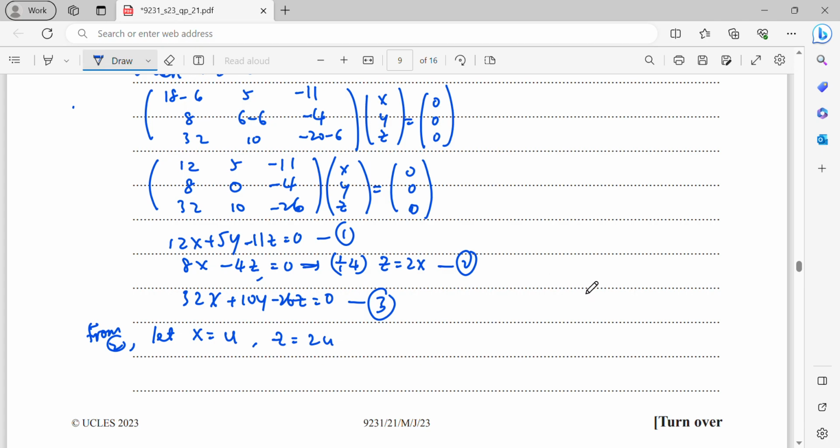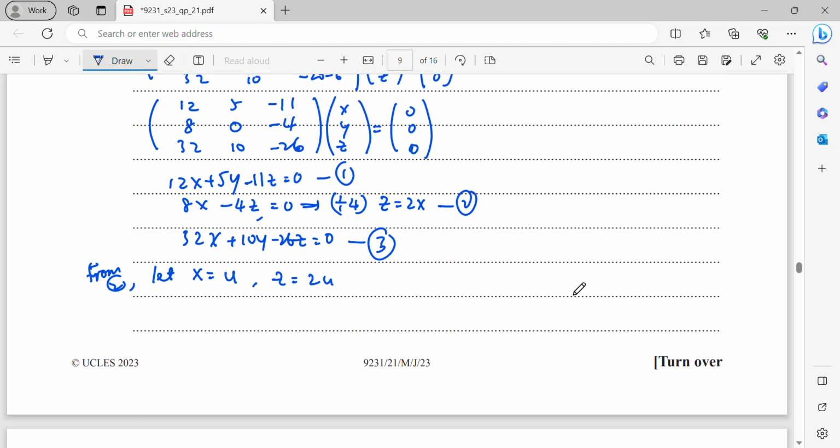Now I substitute this x and z into one of the equations, first or third. No, I made a mistake. I shouldn't let it be u first. I will have to substitute first, I have to solve first. But basically, we know that for eigenvector, we will be getting the infinite solution. Okay, so please ignore the previous step.